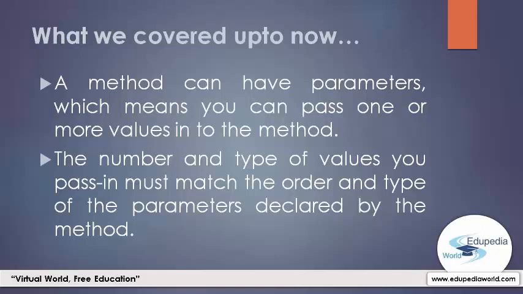And then the number and the type of values you are passing must match the order and type of the parameters declared by the method. If a declared method has 2 parameters, one an int parameter and the other a boolean parameter, the method call should pass 2 arguments in the same order: an int or an applicable lower-size data type value, and a boolean value.